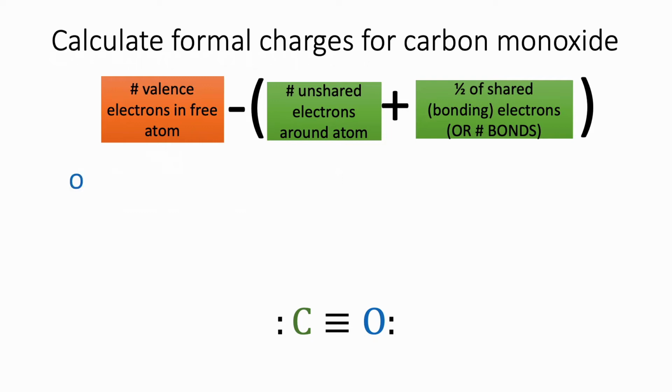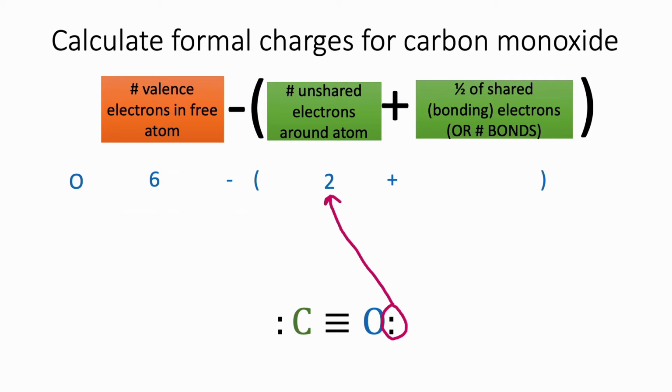The first thing we have to ask ourselves is how many valence electrons does oxygen normally have? And so that number is 6. And from 6, we're going to subtract what's in parentheses here, the number of unshared electrons around an atom. These are the unshared electrons here. We have 2 of them, so we put 2 here.